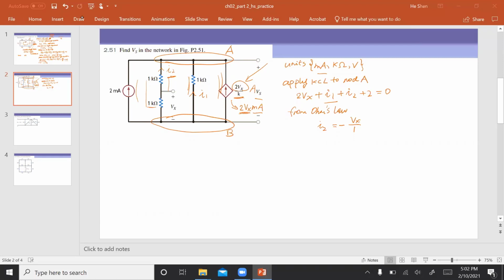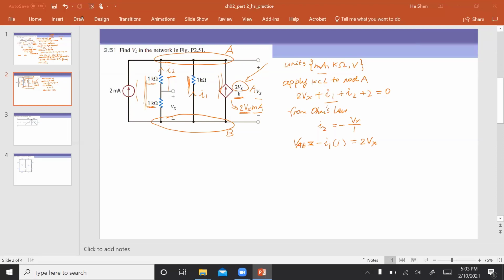If I calculate VAB for the branch with a 1K resistor, it is negative I1 times 1K, right? And for the branch with 2 resistors, the voltage drop on this 1K resistor is Vx, and they have the same value because they are in series. So the voltage drop on the top 1K resistor is also Vx. That is equal to 2Vx.